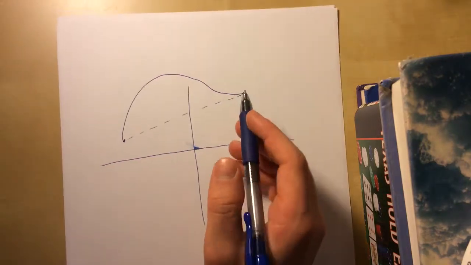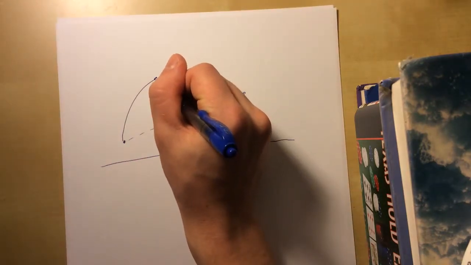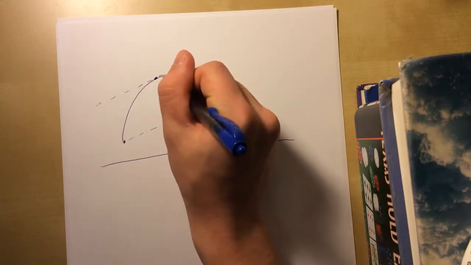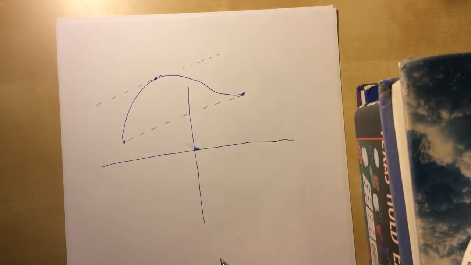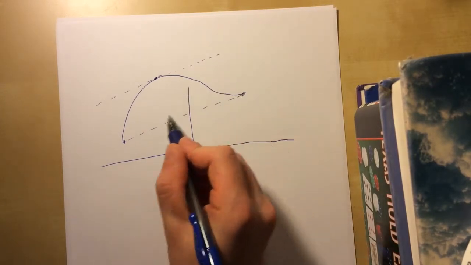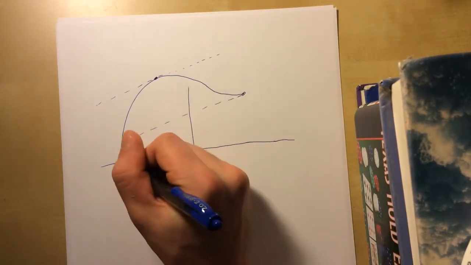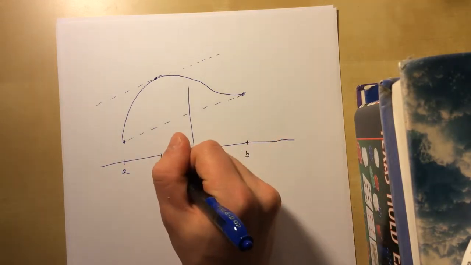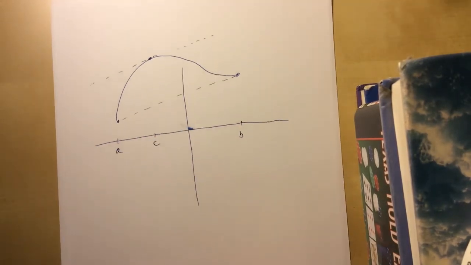So the average slope here, and you can see that there is clearly a point where the slope of the tangent line, or the derivative, is equal to this slope. So this would be a, this would be b, and this would be c.